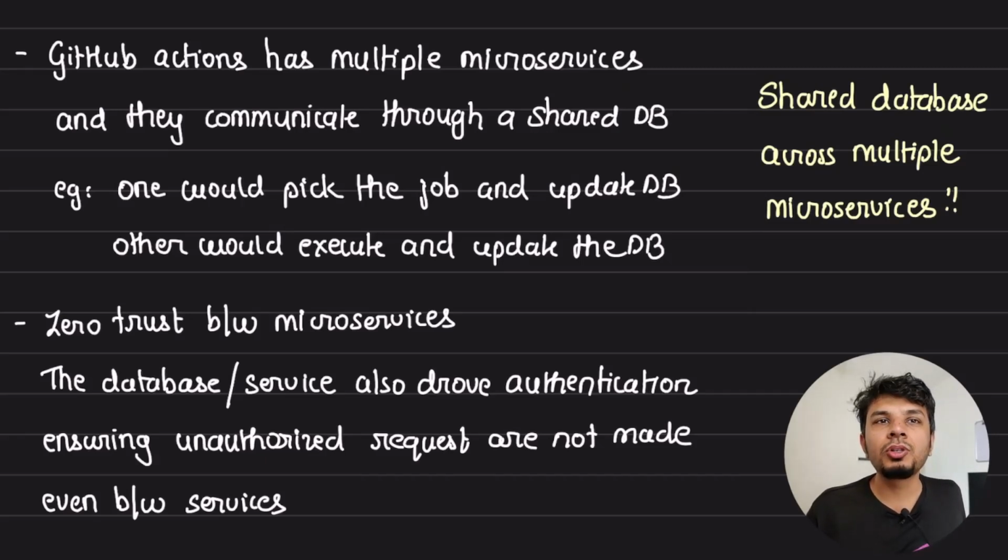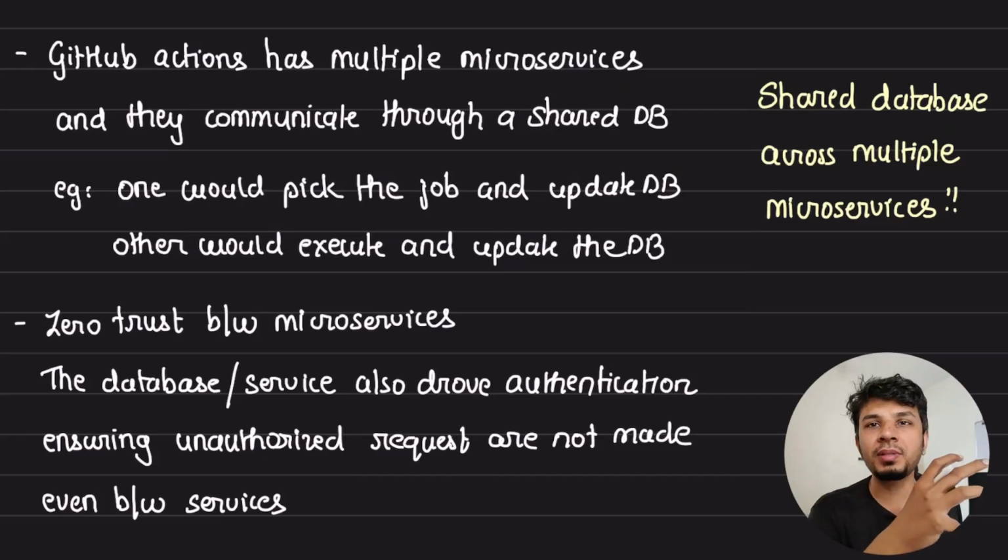So most companies, when they design architecture, it's always a zero trust architecture, which means even if two services talk to each other, they would not trust each other. Imagine you having a notification service that does not have any authentication of its own.